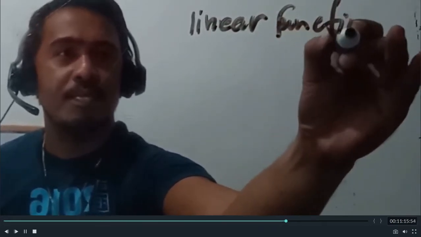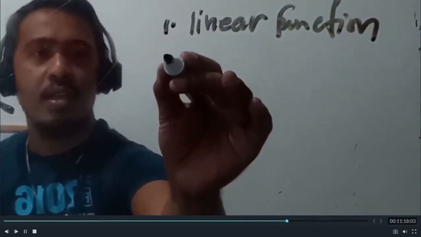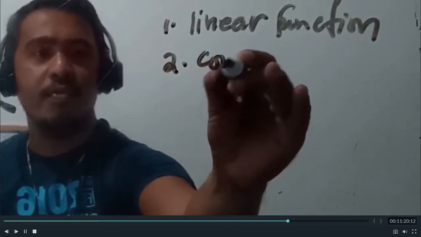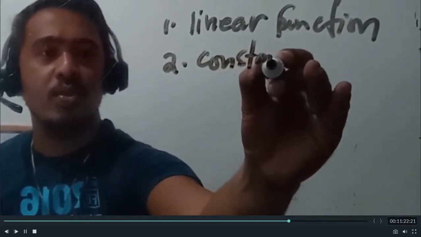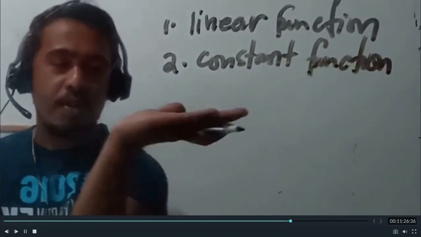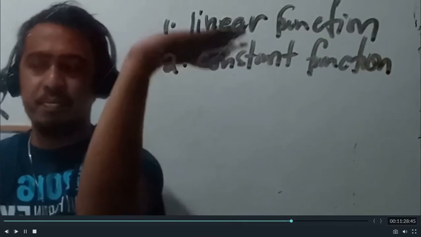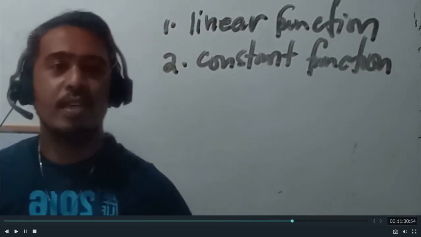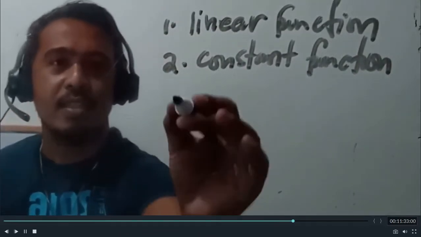First, we have the linear function. It is a line. Second, we have the constant function. It is also a line, but the graph will be this one, a horizontal line parallel to your x-axis.